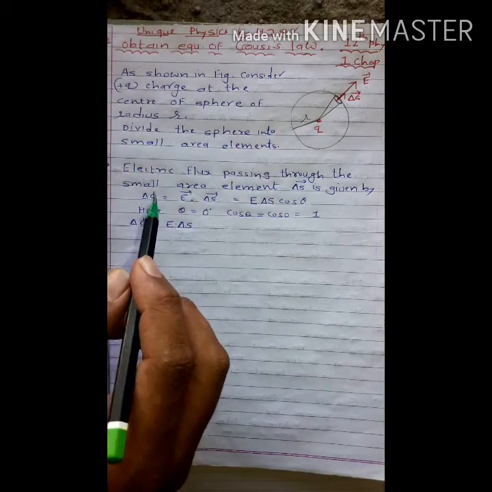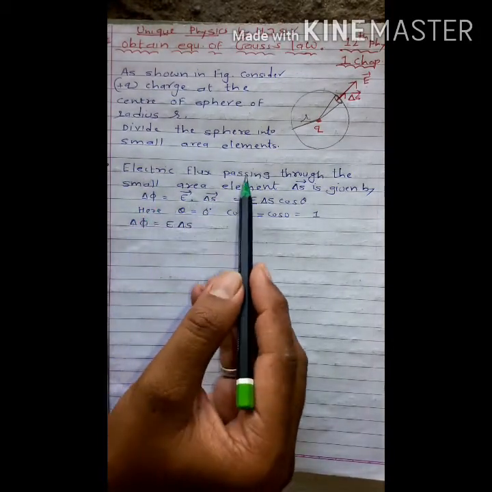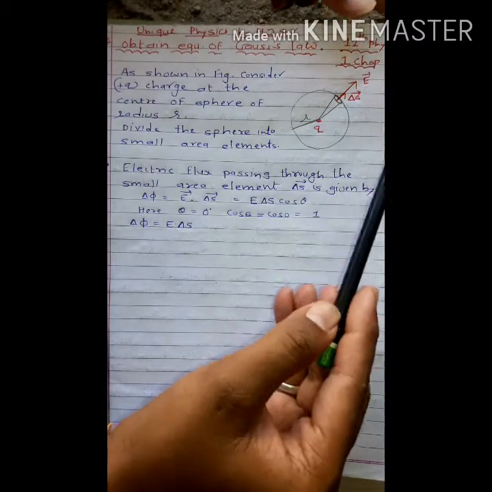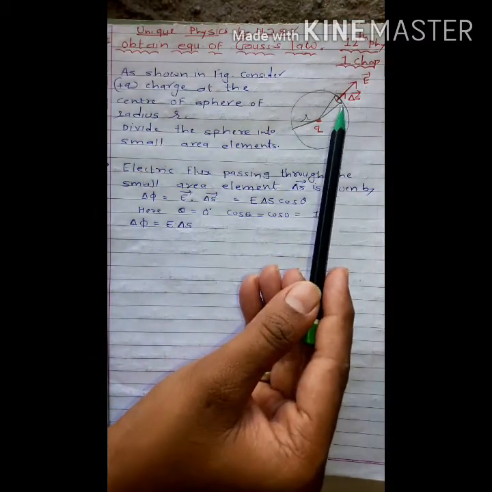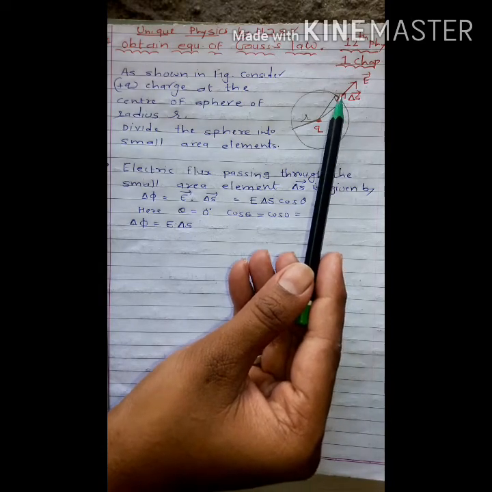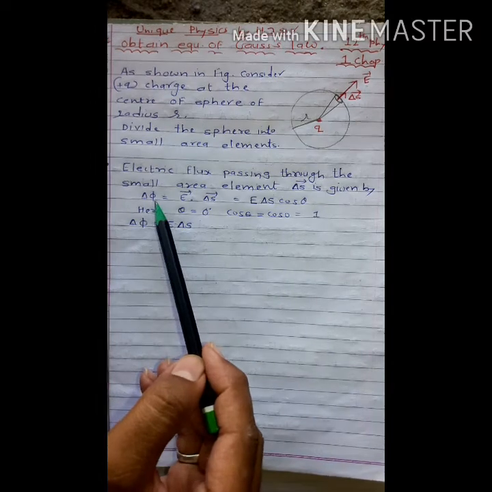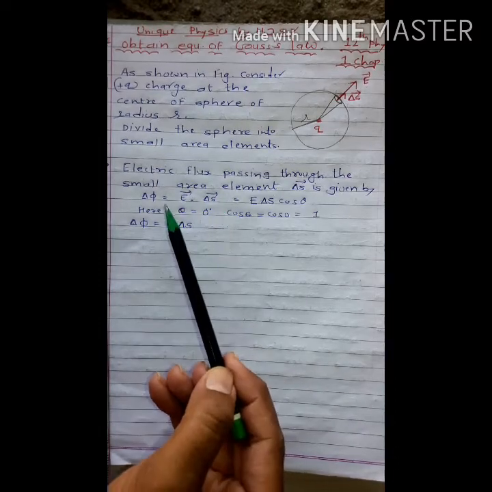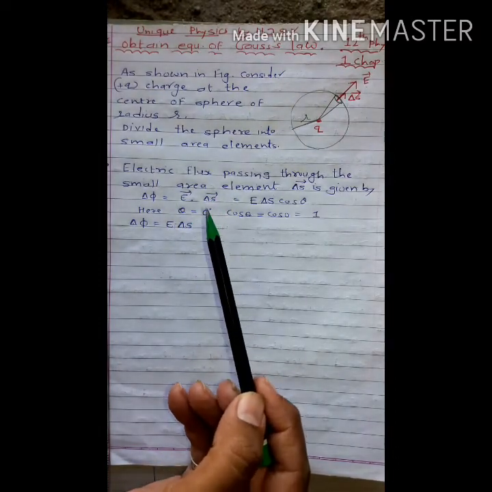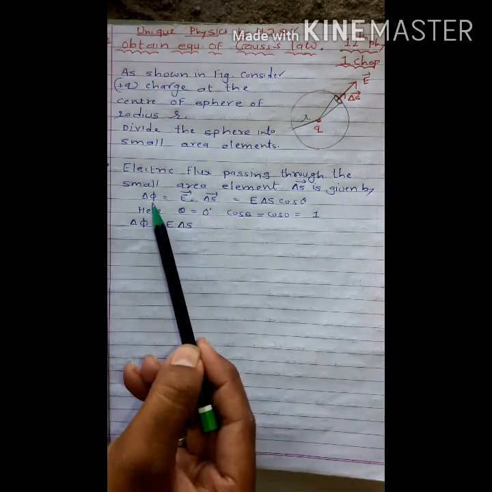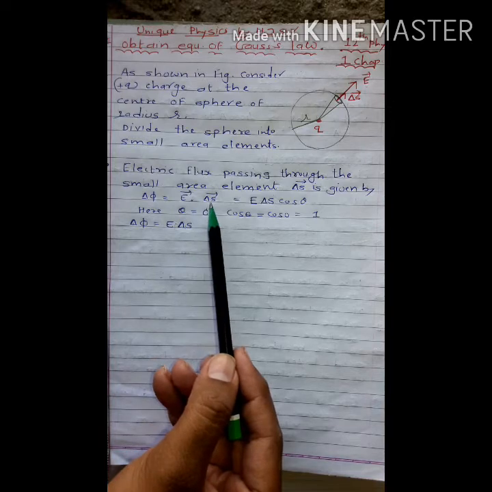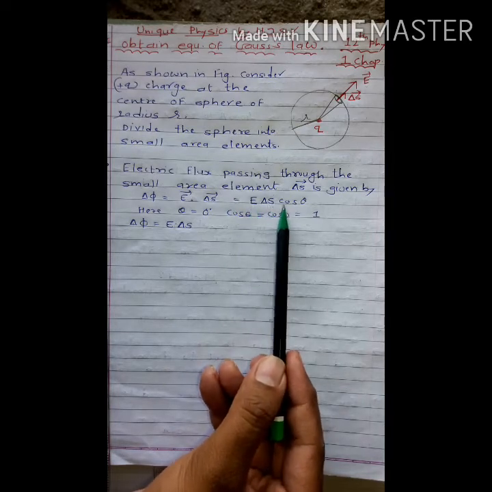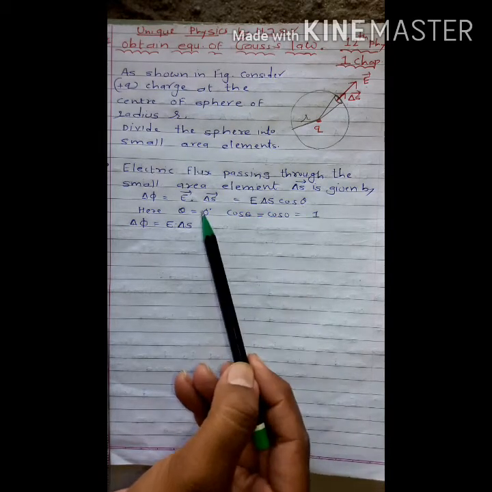Now we will use the equation of electric flux passing through the small area element vector delta S. Delta phi is equal to vector E dot vector delta S. We already discussed this equation in our question on electric flux. Removing the dot product, we can write E delta S cos theta, where theta is the angle.